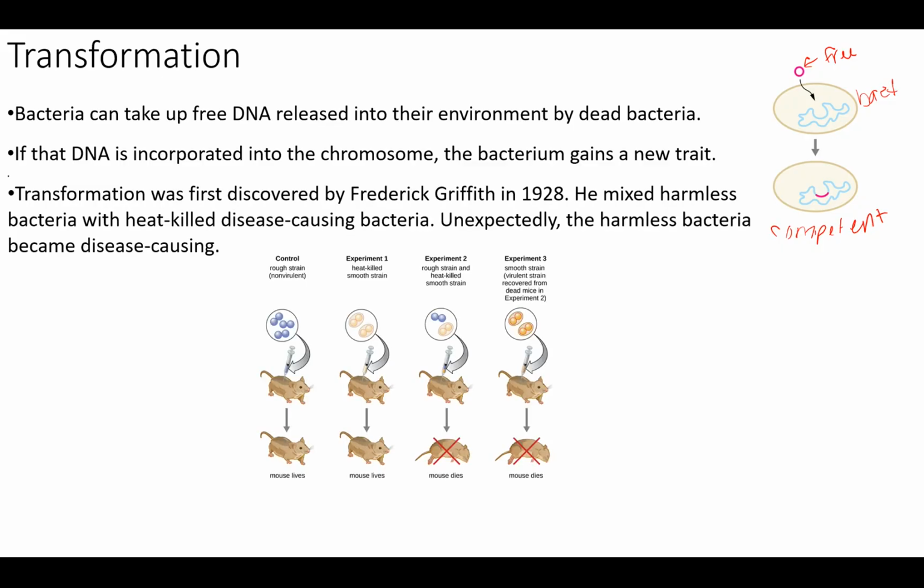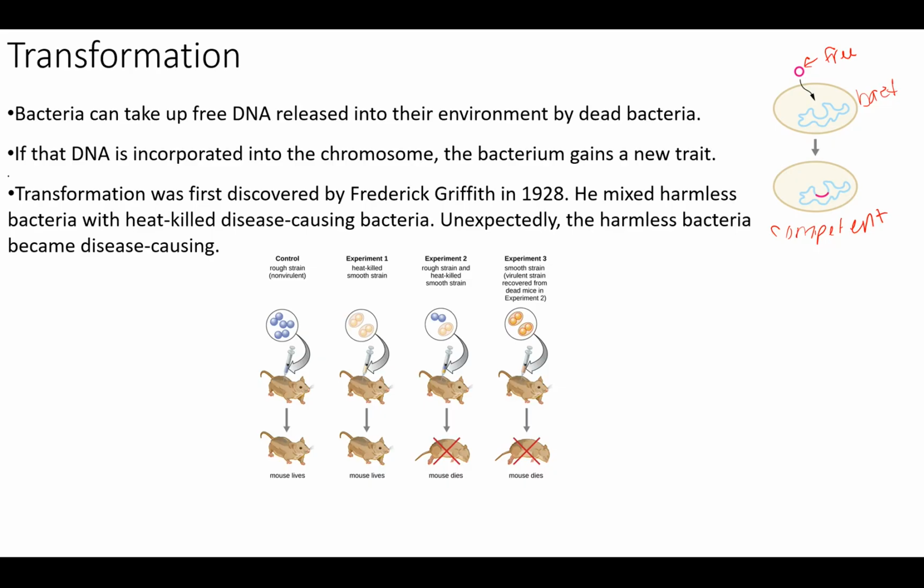All right, so how did this come about? How did we learn about transformation and even horizontal gene transfer as a process? Our understanding of transformation began with the work done by a scientist named Frederick Griffith. Again, on your exams, I'll just call him Griffith. He was studying Streptococcus pneumoniae, which causes pneumonia, and he had two different strains of this bacteria.